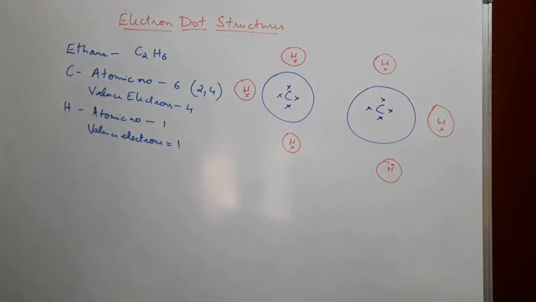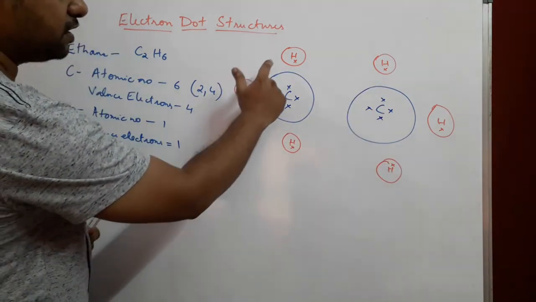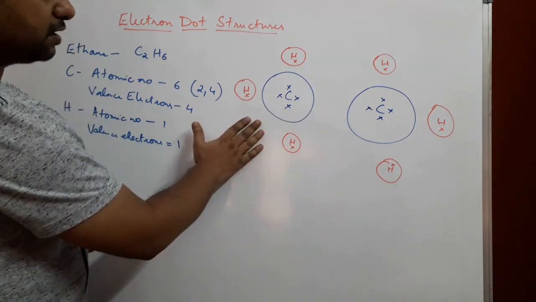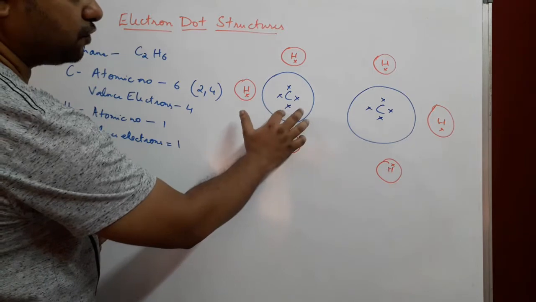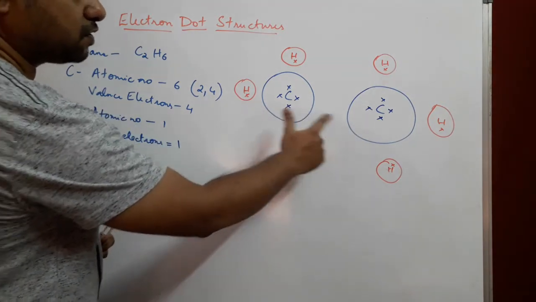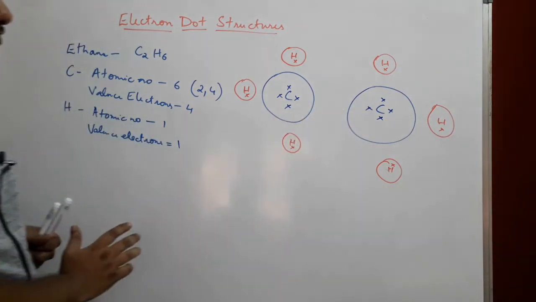Okay, so now each of the 6 hydrogen atoms needs 1 electron each to be stable. Similarly, we have 2 carbon atoms, and each carbon atom requires 4 electrons to have the stable octet configuration.